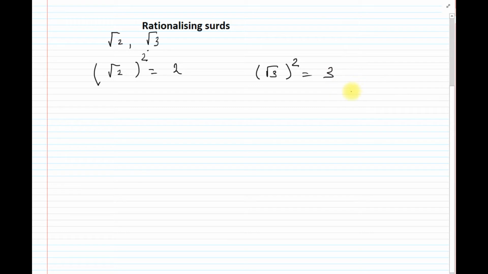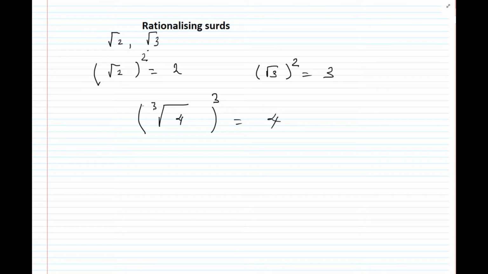Or you could have even things like cube roots of something. Cube root of, say, 4, that's a surd. If I raise it to the power 3, I end up with 4. So basically, rationalizing a fraction is when we want to get rid of the surd in the denominator. And we normally deal with square roots, I think, for our purposes.